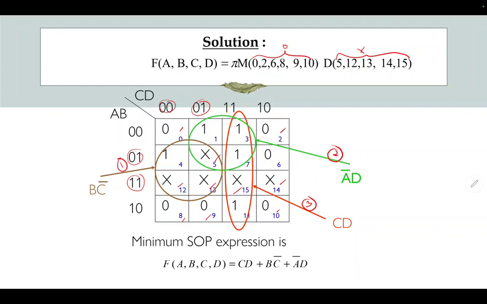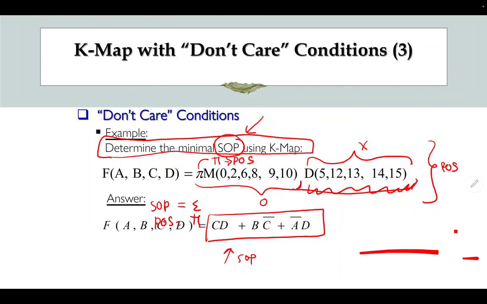Then group number 2, you read here and here, here and here. You got A bar, D. And then for the red one, you compare here and here. A and B change state, so you don't read A and B. You only have C equals to 1, D equals to 1, so you got C, D. So you rewrite the equation F equals to CD plus B C bar plus A bar D. It's the same as the earlier one, so your answer is correct. Okay, thank you very much for your class today.